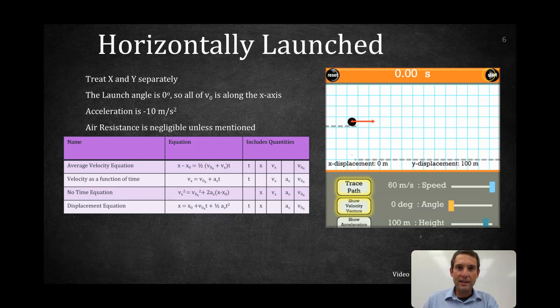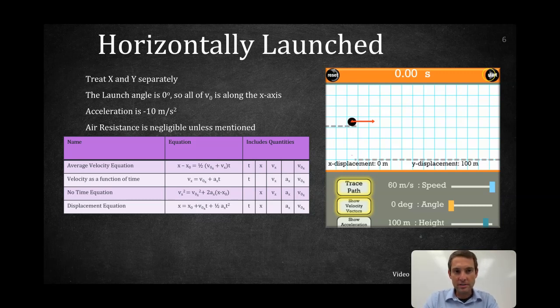For the first type of projectile motion problem, this is a horizontally launched projectile, where an object starts some height above the ground and it is launched horizontally with some initial velocity. Remember, we have to treat x and y components completely separate.